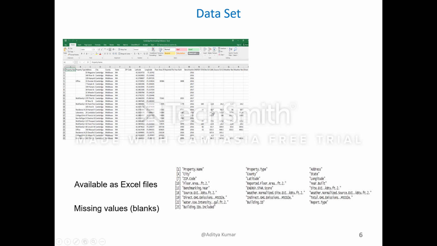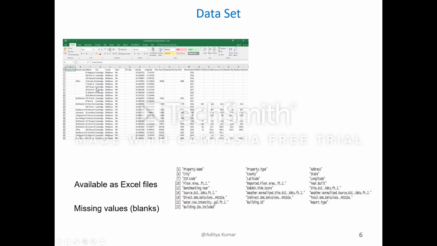This is a sample file for the Cambridge data I'm using. As you can see, it's available in the Excel format, and it has several columns, as I mentioned. For example, you have property name, property type, its address, the city, which is Cambridge, the state, the floor area, the year it was built in, the energy star value, and various other factors.